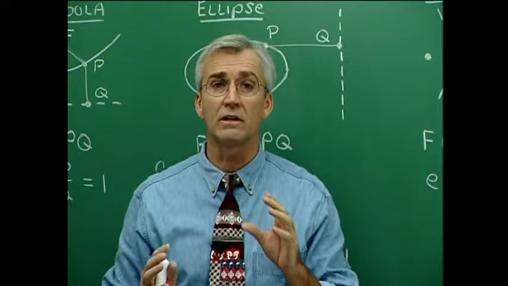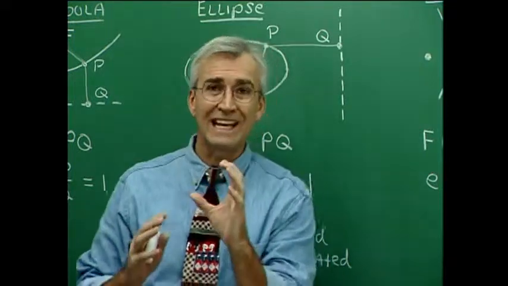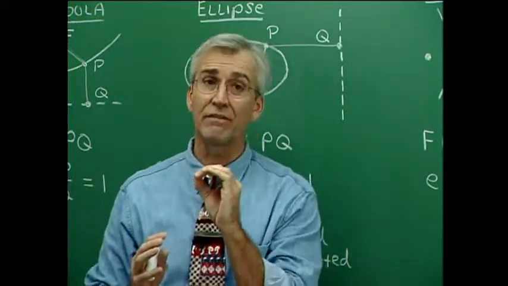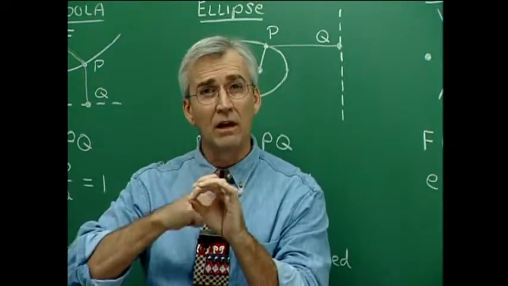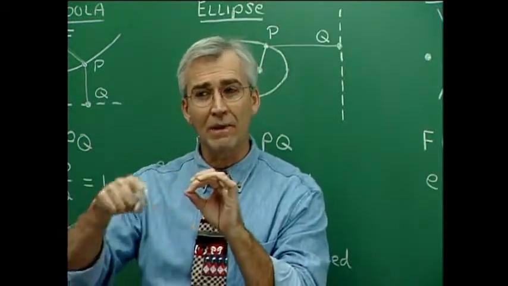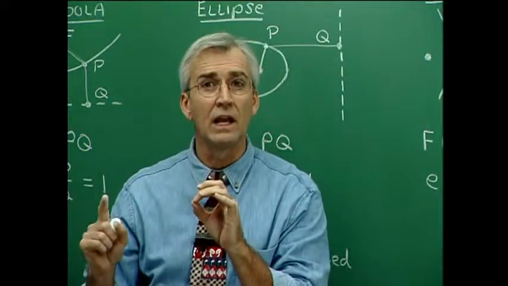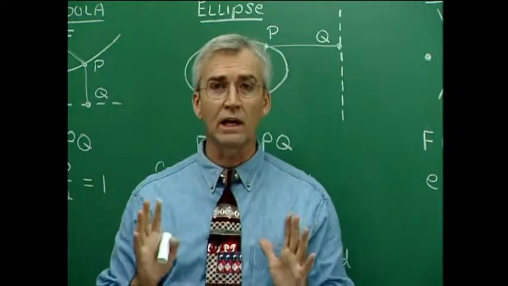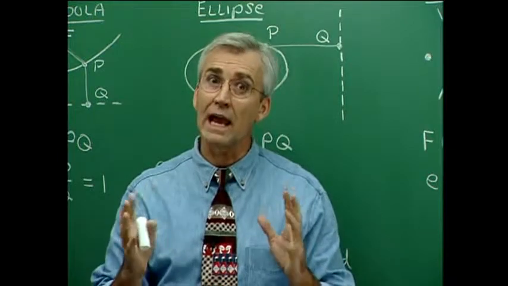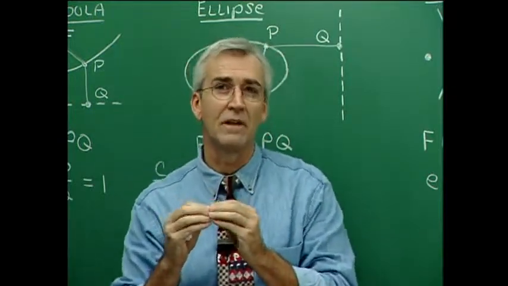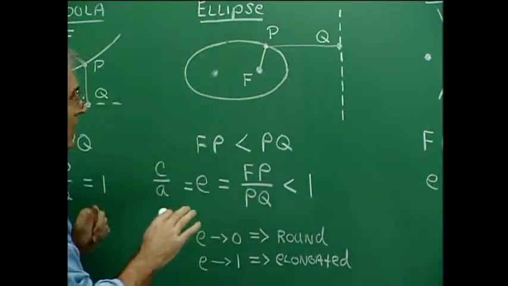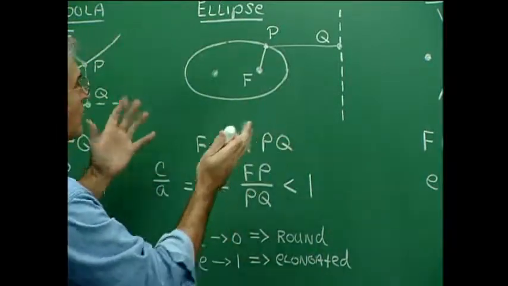It turns out that the position of the sun is at the focus of every elliptical path of every planet. So in order to study astronomy, it's handy to use the sun as the center of the universe.